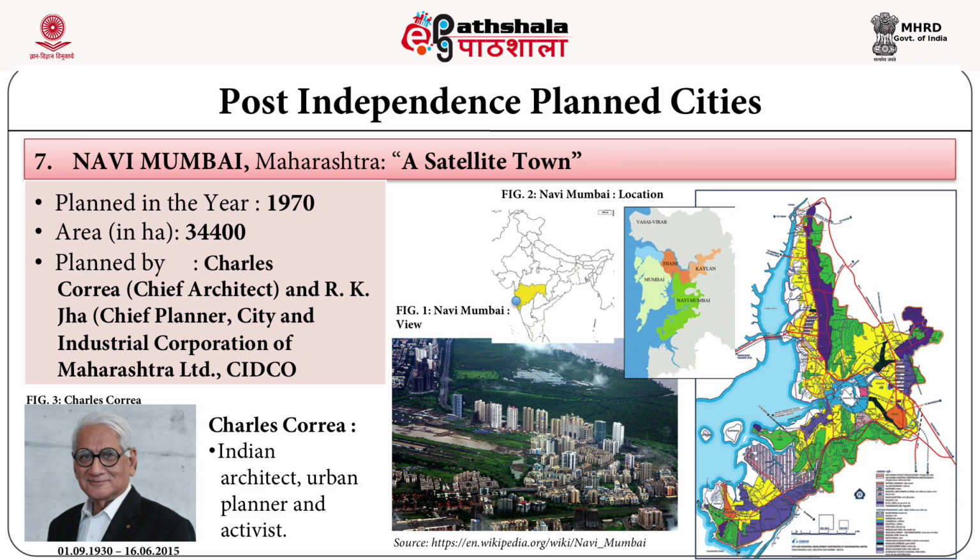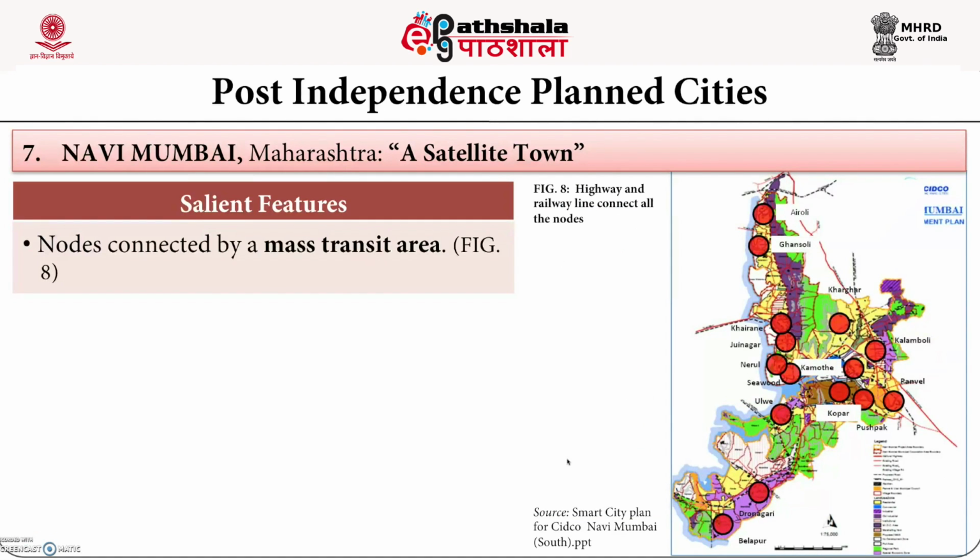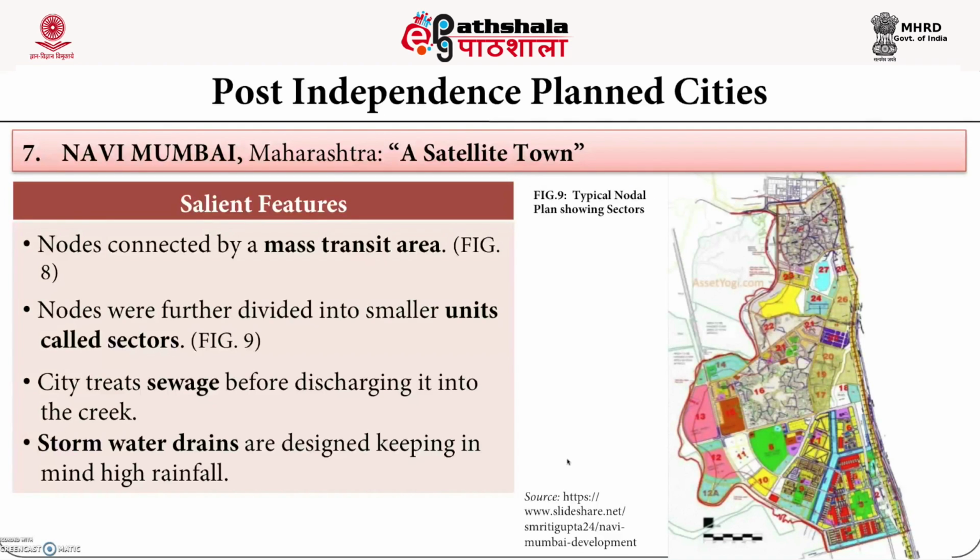He planned for connectivity: all these nodes are connected by mass transit, and the nodes were divided further into small units called sectors. The city treated its sewage before discharging it into the water channels, and the storm water drains were designed keeping in mind the high rainfall.